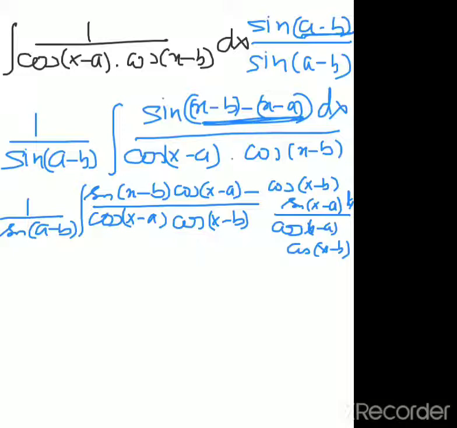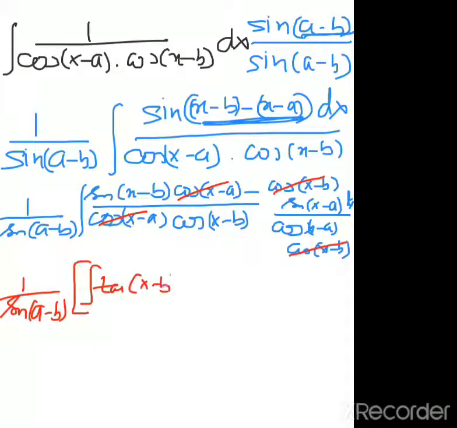So cos(x minus a) and cos(x minus a) cancel. Cos(x minus b) and cos(x minus b) cancel. So it will become 1 upon sin(a minus b), integral of sin upon cos, tan(x minus b) dx minus sin(x minus a) upon cos(x minus a), that is tan(x minus a) dx.